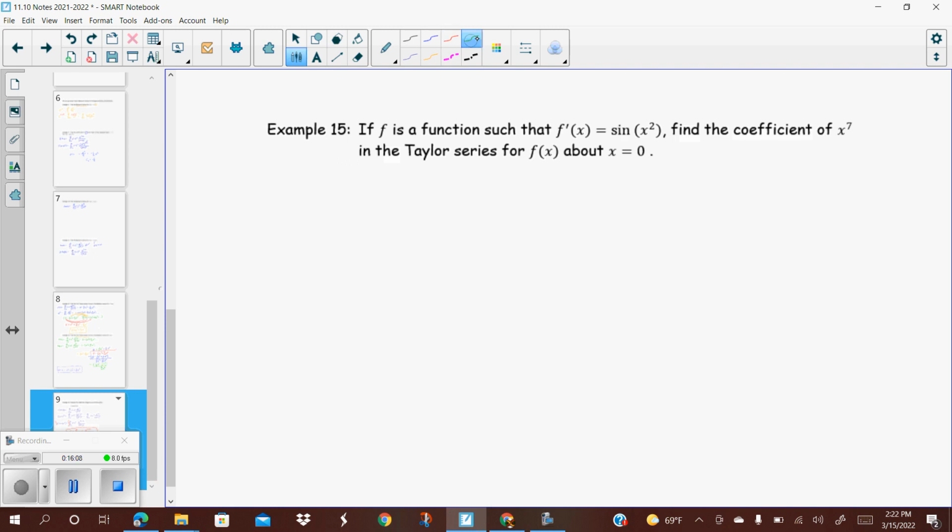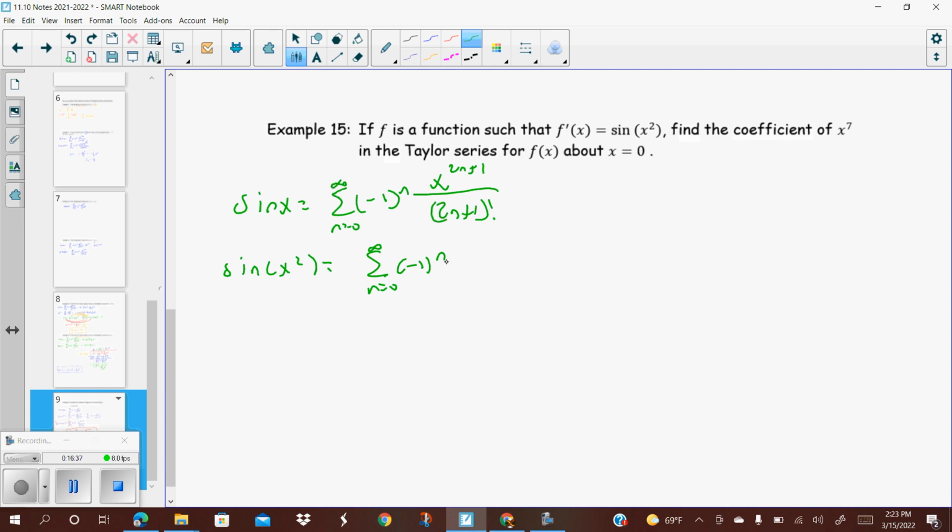So again, we'll start with the fact that we know what sine of x is. Sine of x is this sum, which we have used several times now, so hopefully you're getting used to it. I want to get sine of x squared, so we will substitute x squared in for x. I apologize if I'm going a little bit quicker. I know how to write these sums pretty fast usually.